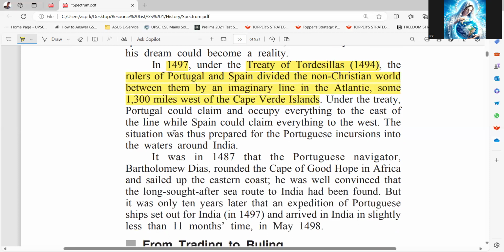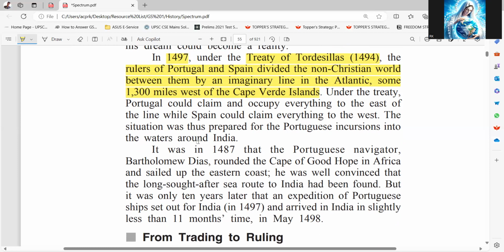Under the treaty, Portugal could claim and occupy everything to the east of the line, while Spain could claim everything to the west. The situation was thus prepared for the Portuguese incursions into the waters around India.